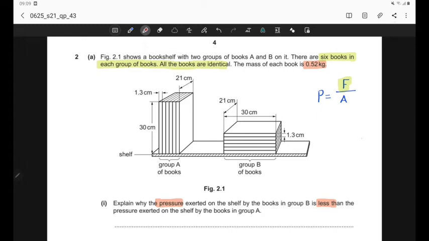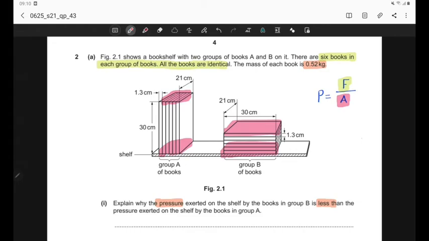Now we can look at the area in contact with the shelf. When we are looking at group B of books, the area of contact is equal to this area, or the same area will be in contact with the bookshelf at the bottom. But for group A, the area of contact is less, only this much.